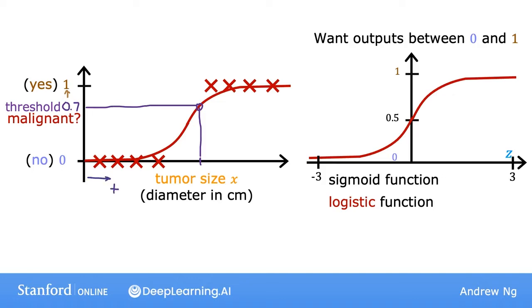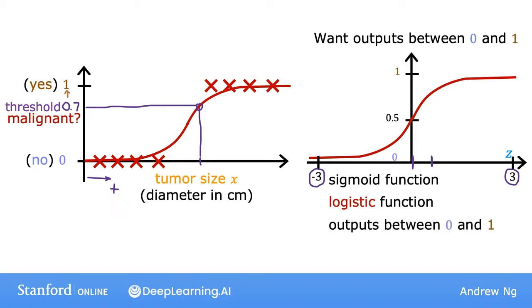In the graph to the left, on the x-axis is the tumor size, so it's all positive numbers. Whereas in the graph on the right, you have 0 down here, and the horizontal axis takes on both negative and positive values, and I've labeled the horizontal axis z. And I'm showing here just a range of -3 to +3.